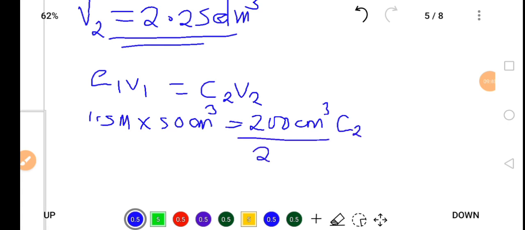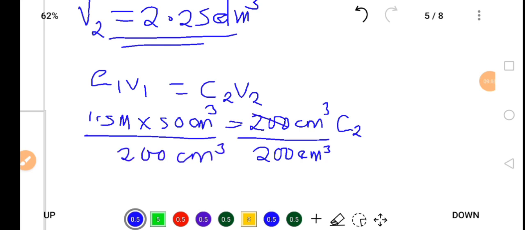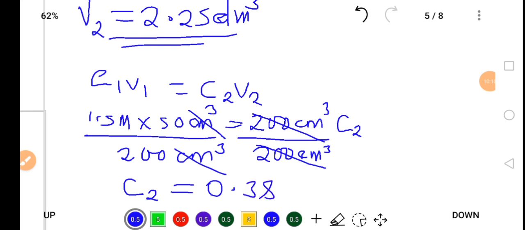So over 200 centimeter cubic, over 200 centimeter cubic. This and this will go. So our concentration 2, when 200 is added, when you calculate very well, I think your final answer should be 0.38 molar.